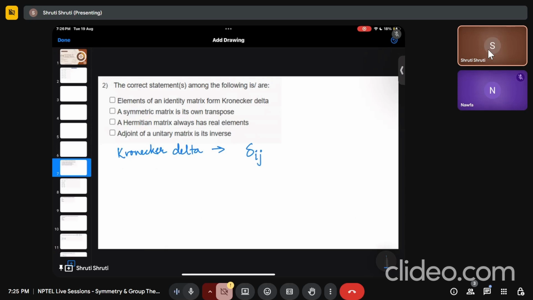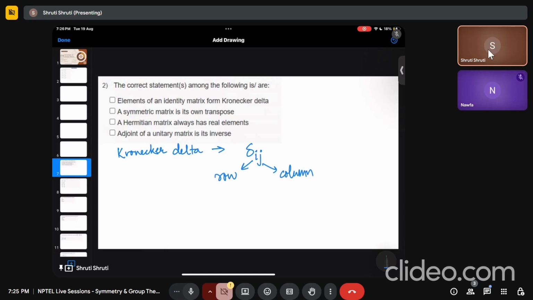This is how we denote an element of a matrix: i is the row number and j is the column number.